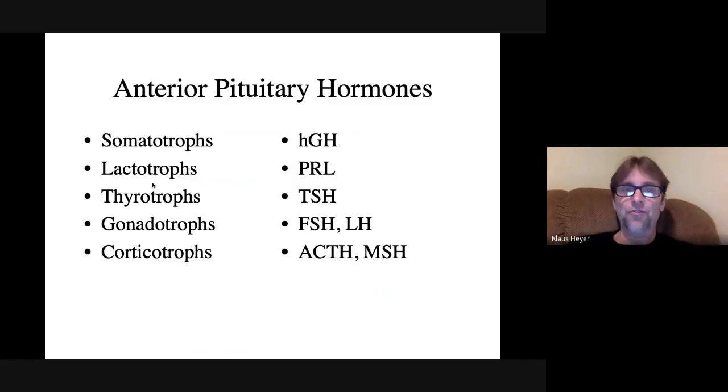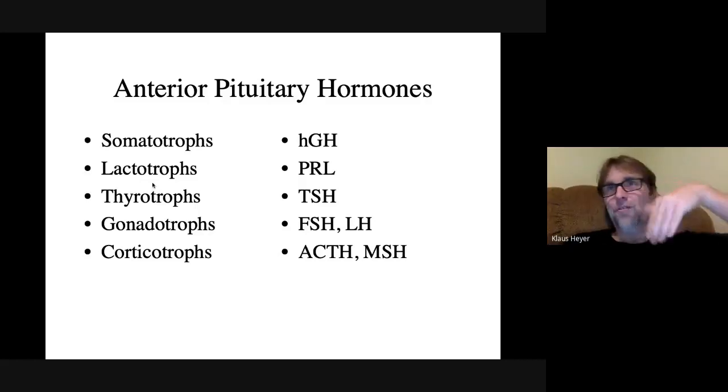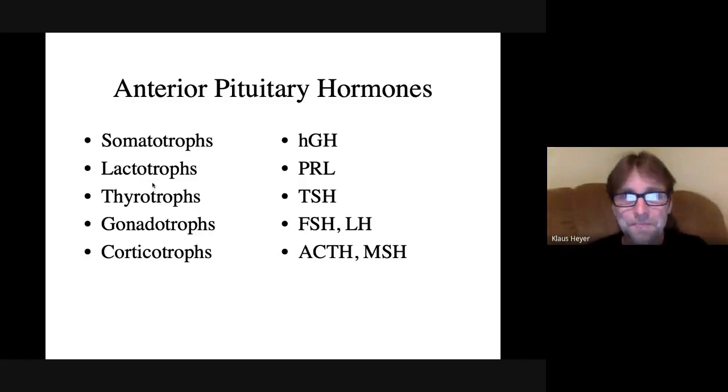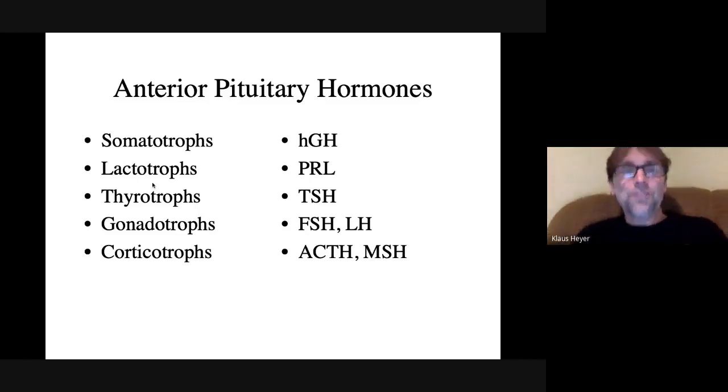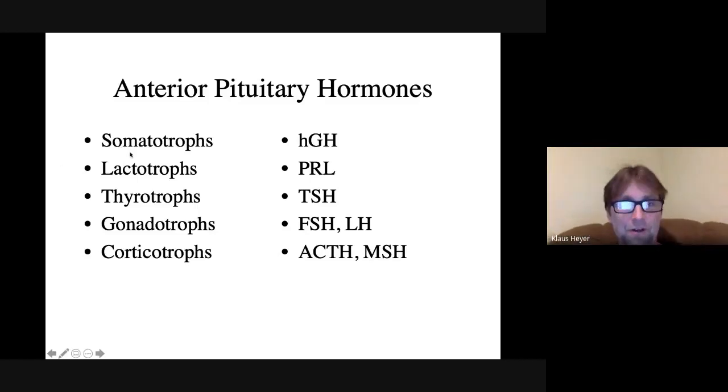They all end with troph. Troph or tropin, I think, means something that influences an organ or gland far away. It's something that influences something else further away. It probably doesn't make any sense, but let's look at the front words.